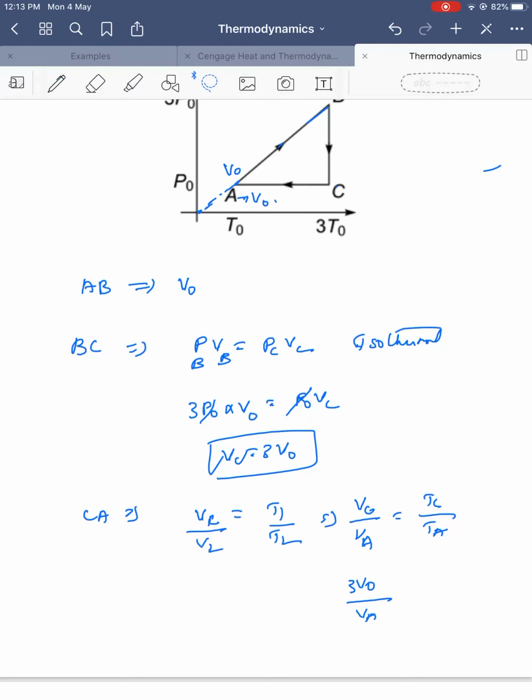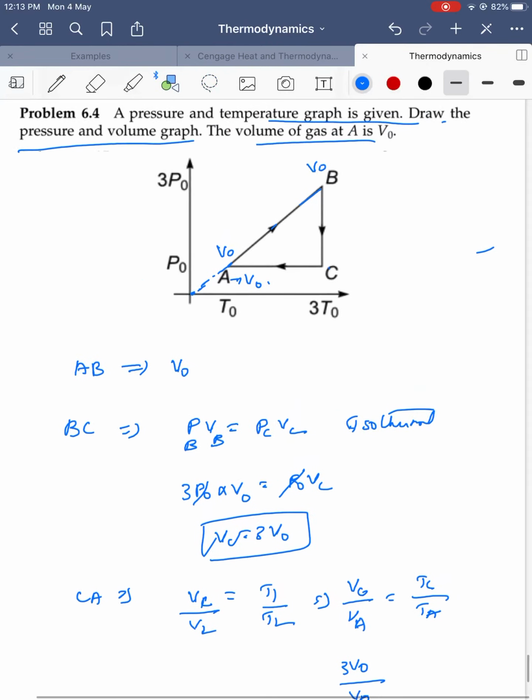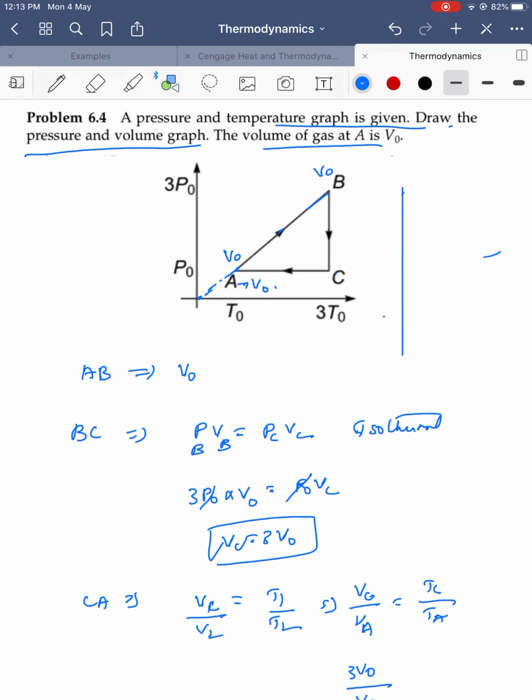So let's draw the graph. To draw the graph, pressure and volume. Initially it is an isochoric process, so volume remains as it is, but pressure is increased from P naught to 3 P naught. Then what happened? Isothermal expansion.